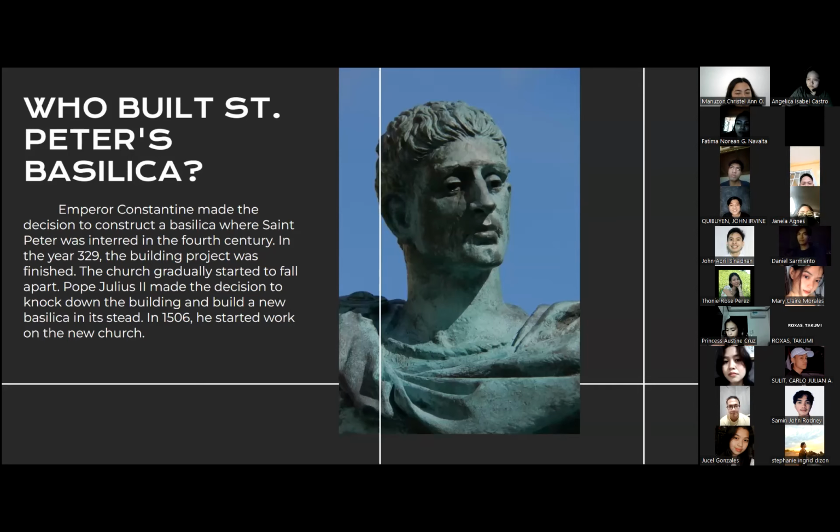The construction was completed in the year 329. Gradually, the church began to disintegrate. The structure was demolished and a new basilica was erected in its place under the order of Pope Julius II. He began construction on the new church in 1506. Next slide.